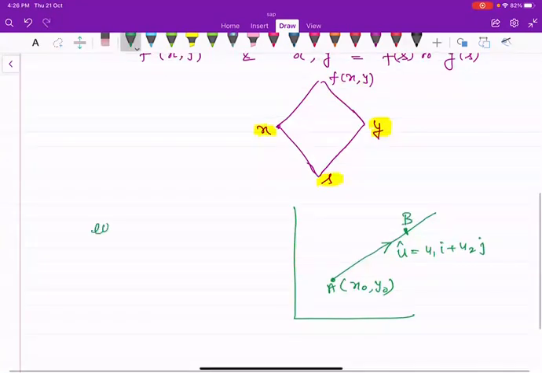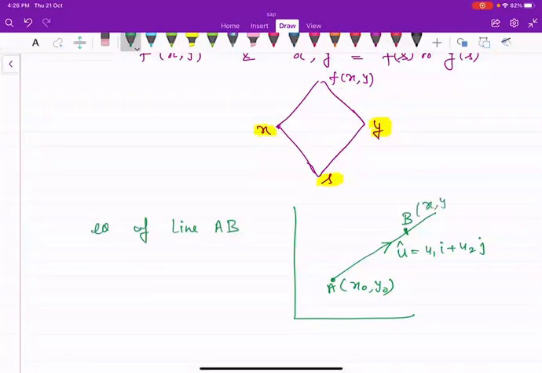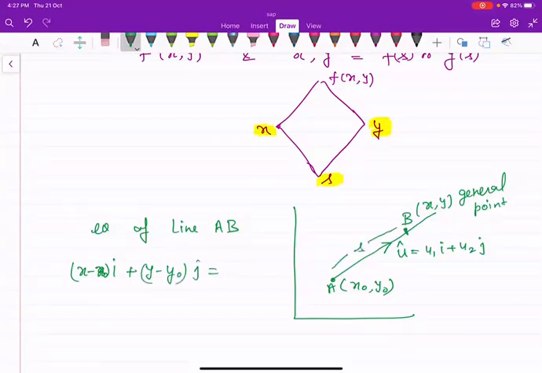So the equation of the line AB. This is the point x naught, y naught, and x and y are any general point on the line. So the equation of the line AB will be what? In vector form, x minus x naught i plus y minus y naught j equals, suppose the distance between A and B is s, s into u. u is what?